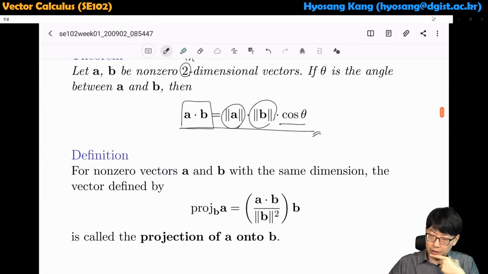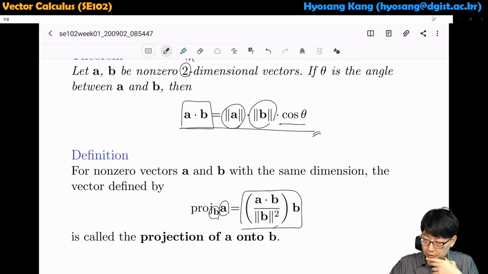Okay, so this is another important definition: you can project one vector onto another vector, as long as these two have different directions. The projection of A onto B is defined as another vector, a scalar multiple times the vector B. Let me rewrite that in this way. We have the norm of B squared in the denominator. So let me take this out, A·B and B here.